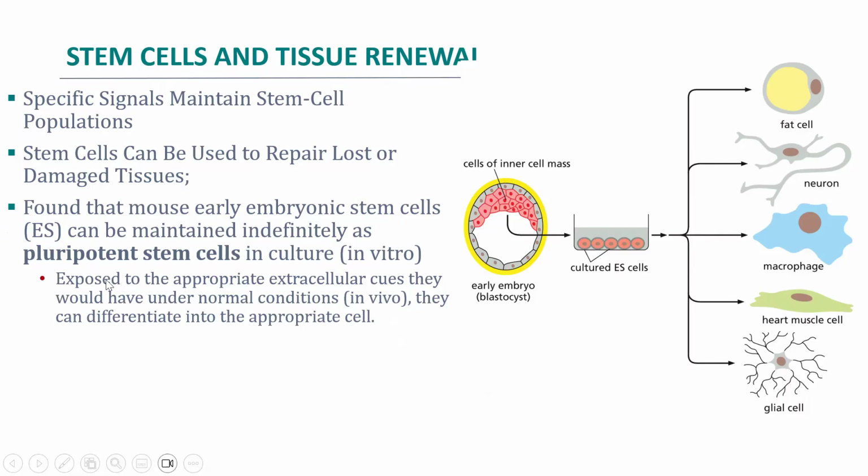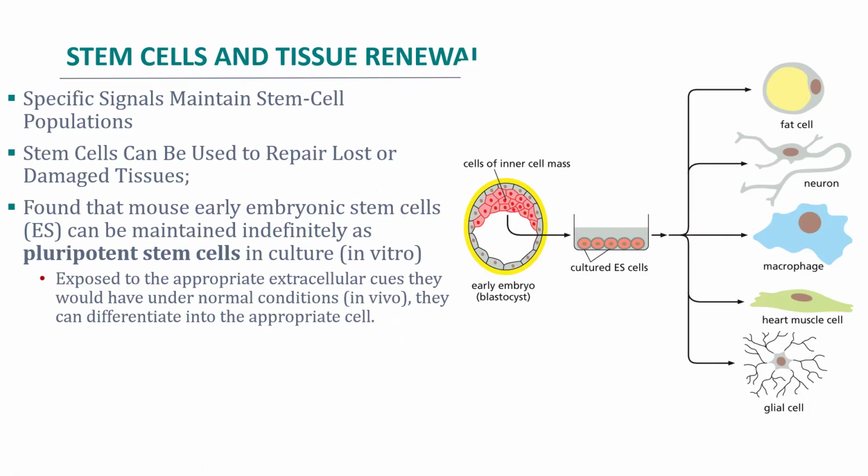If they were exposed to whatever we wanted them to make, and again, even my embryonic stem cells are receiving cues from the environment to say, I need to make this or I need to make that, if they're exposed to the appropriate extracellular cues, under what they would normally be doing in vivo, in human or in mouse, in organism, they can literally differentiate into anything.